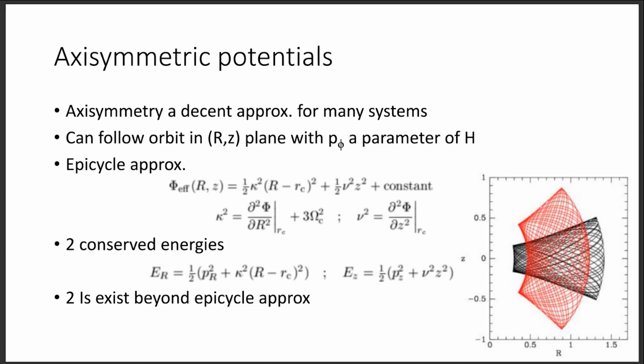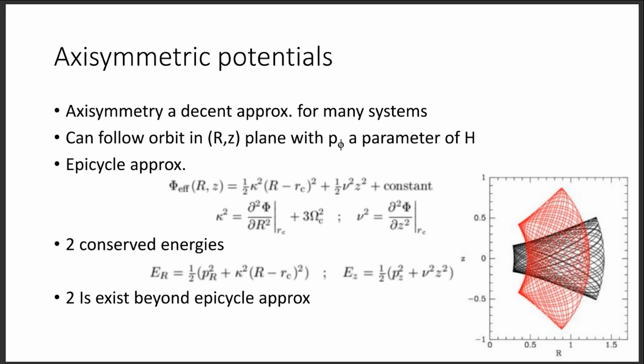Okay, so nowadays you can write down a sensible squashed axisymmetric potential that might be a model of the potential of our own galaxy, and integrate the equations of motion, make a plot like this.